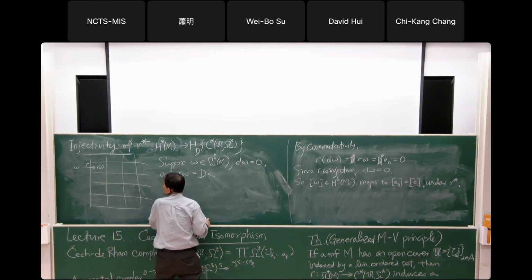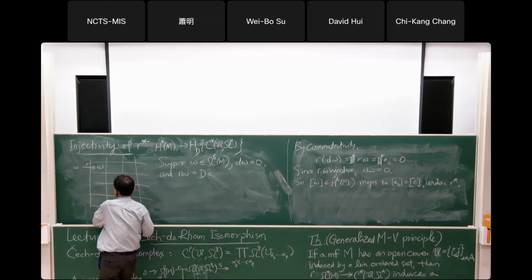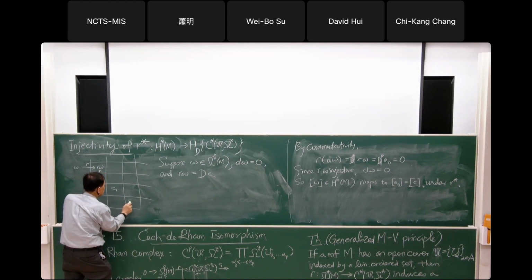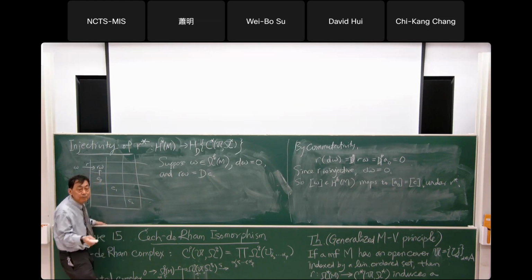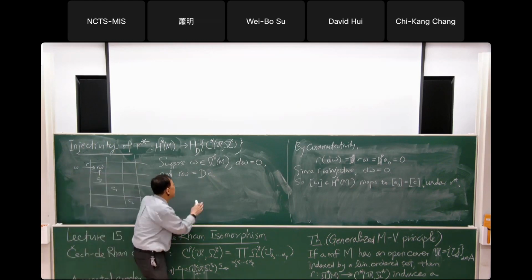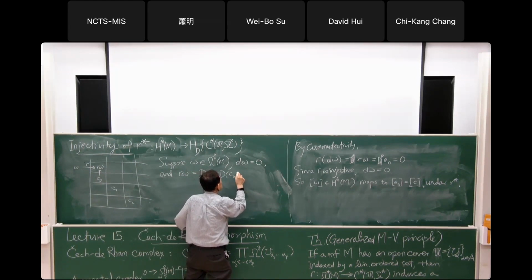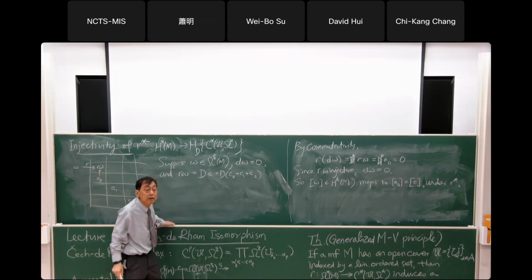And this cochain is C0, C1, C2. Maybe it's got more components, but let's just do it for 3 components.